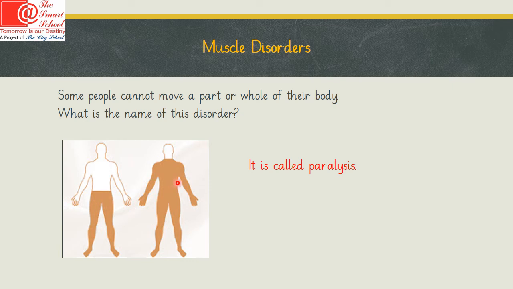Here the person has full body paralysis. Here the movement of any part of the body is almost impossible. Muscle fatigue and strain are also some of the common disorders present in muscles.